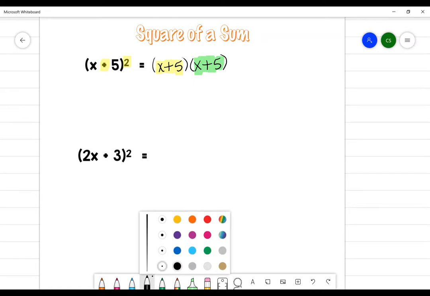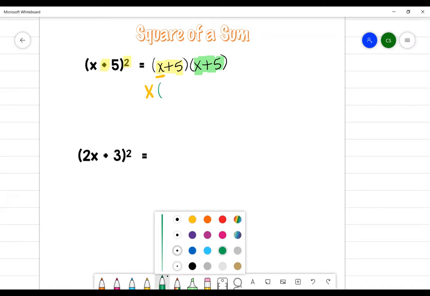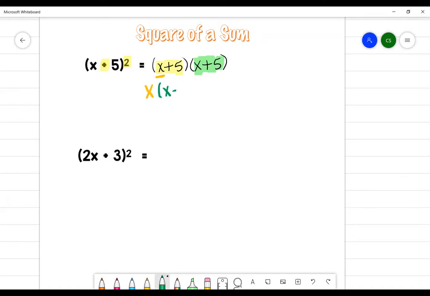So the first term of my first binomial multiplied by the entire second binomial. And then the second term of my first binomial, which is a positive 5, multiplied by the entire second binomial. I should have did my little arrow trick.